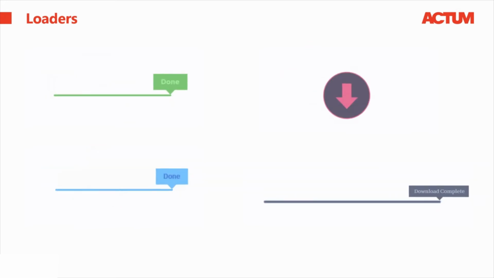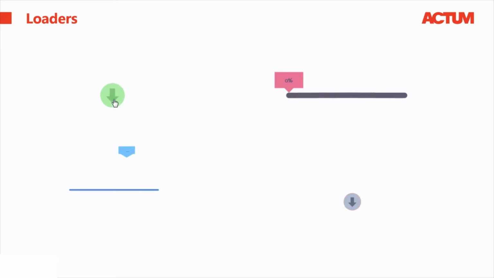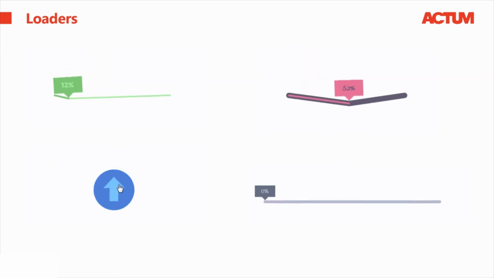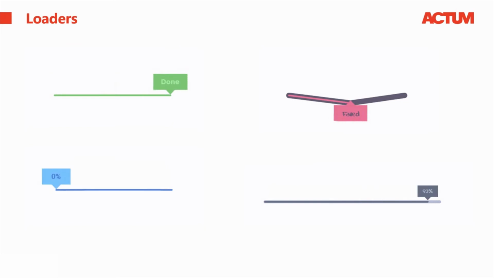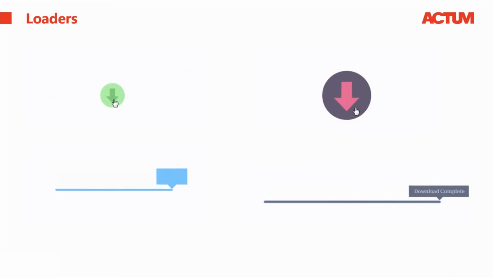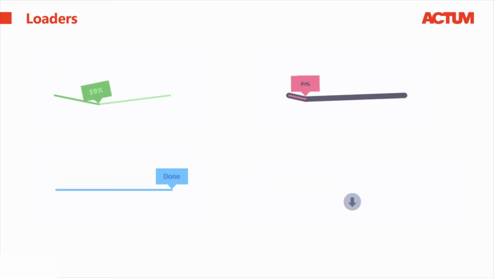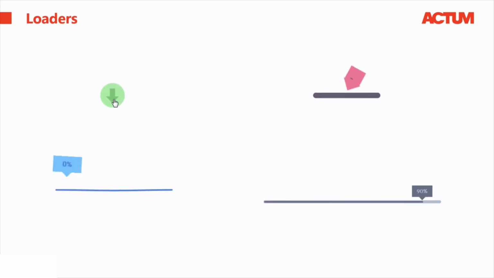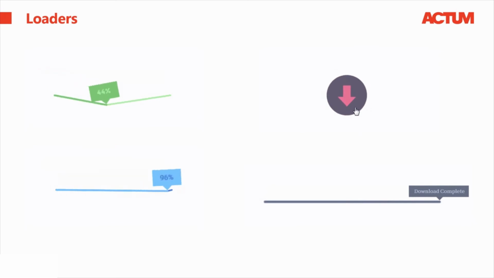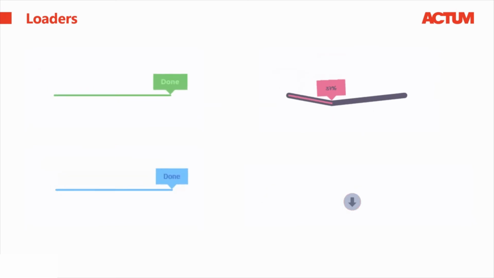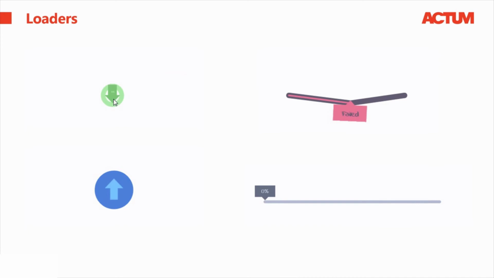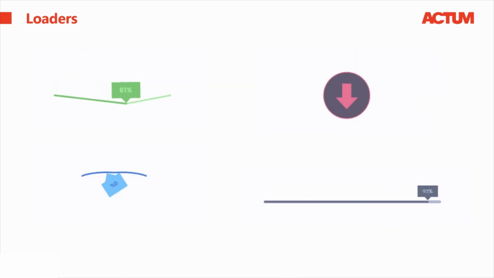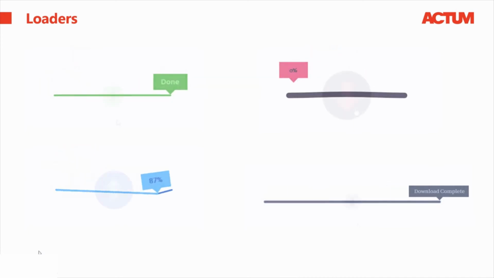So the bad loader, as you probably know from, let's say, Windows, the rotating wheel, is able by some tests to hold the attention of a visitor for something like 5 or 10 seconds, but very good loaders like these, 30 seconds or even more, and that's a lot in the world of web, because we are talking about seconds for visitors.